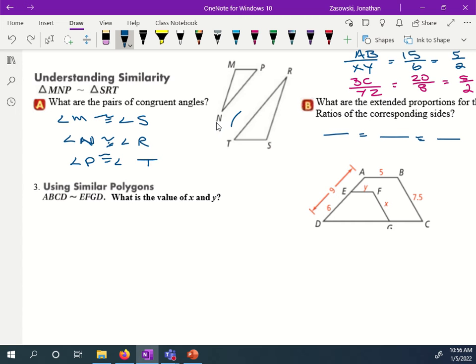Okay, so what did you pick for your ratios here? Go ahead, give me the first one. You said PM over TR. Okay?